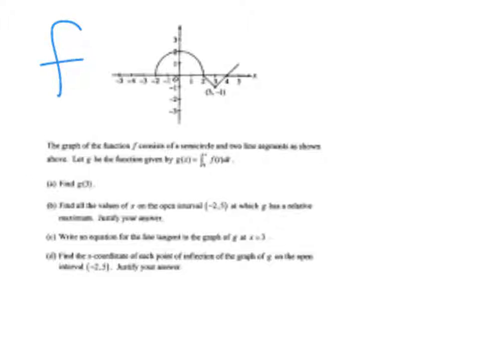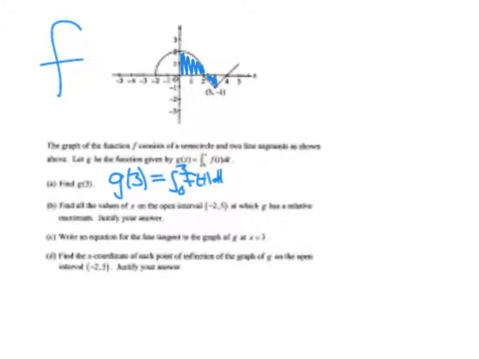Find g of 3. Okay, so not f of 3, g of 3. So I'm going to plug 3 into this integral. So g of 3 is equal to the integral from 0 to 3 of f of t dt. Well, how do you find that? Well, you integrate f, which is the graph, from 0 to 3.